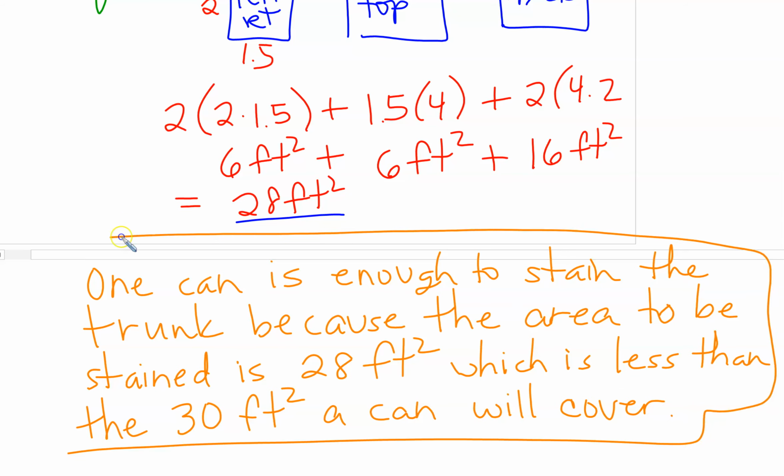So comparison of areas is a really good way to justify. Another way would be to do the difference. It's 2 square feet less than what a can covers. So you can also do that kind of a comparison to justify.